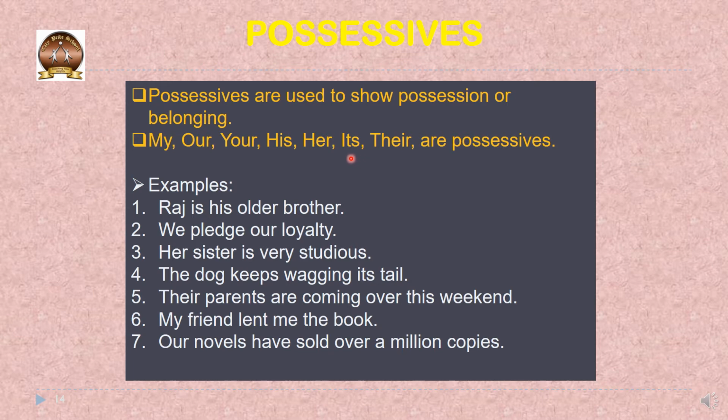So never ever put an apostrophe when you are using it to show possession. Here are some examples in front of you. Raj is his older brother. Our loyalty. Her sister. Its tail. Their brother. My friend. Our novels.